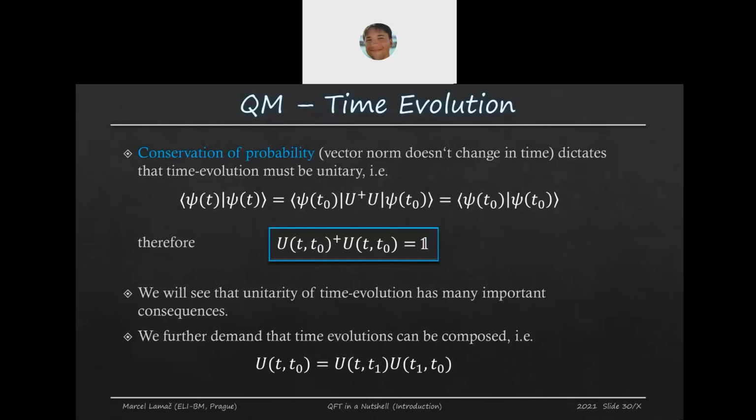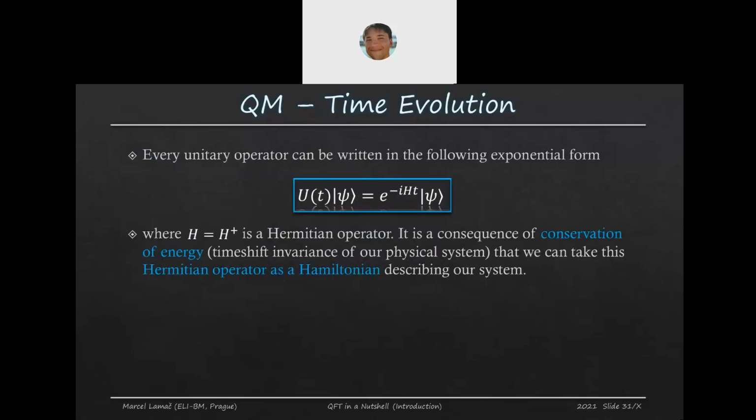So this is another demand, and the combination of these two gives us, by a theorem, that every unitary operator satisfying these two conditions, that it is unitary and can be composed, can be written in the following exponential form, where the H operator is some Hermitian operator.